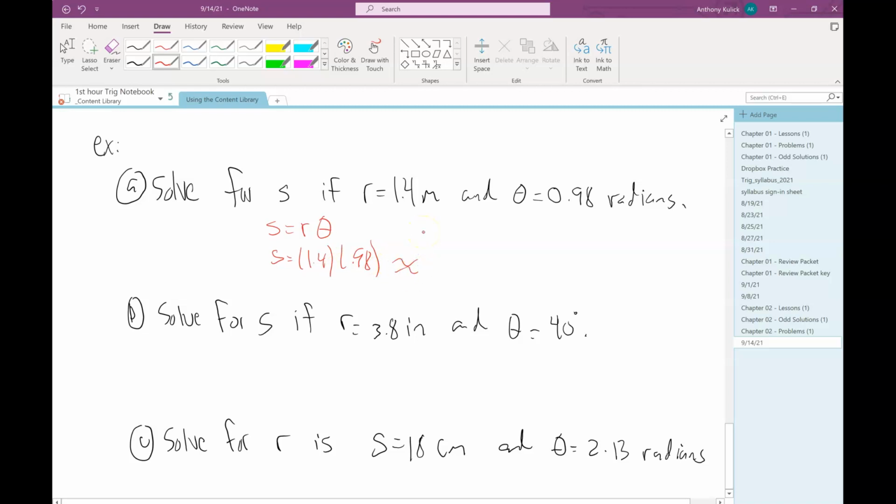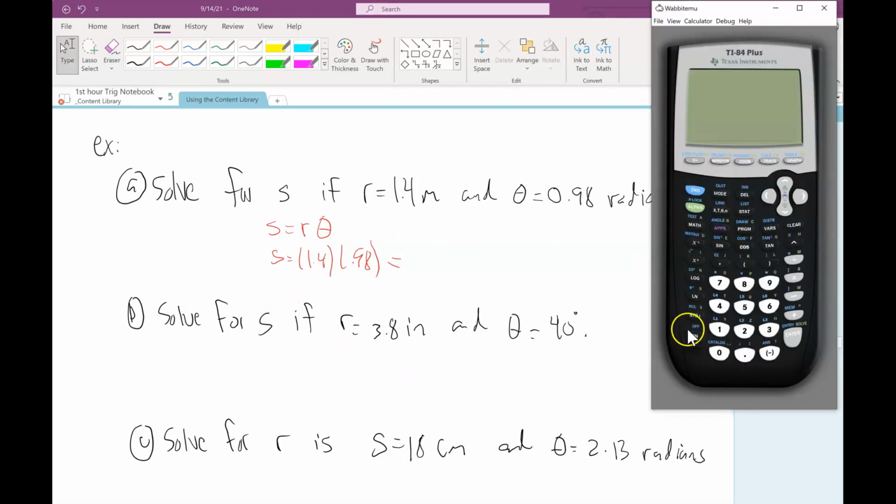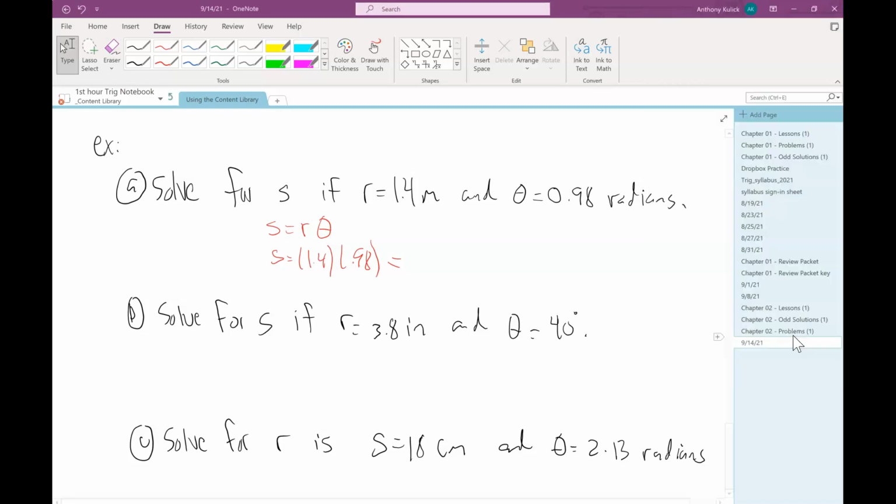So we'll go ahead and type that into our calculator. That comes out to be 1.372. And since the radius was in meters, the arc length should be in meters.